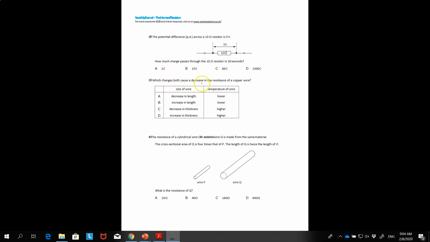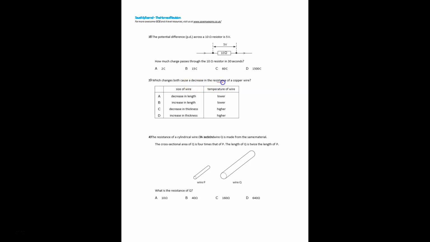Question number 39. It is a tricky question. Which changes both cause a decrease in resistance of a copper wire? Okay, here I read it. Decrease in length decreases the resistance.